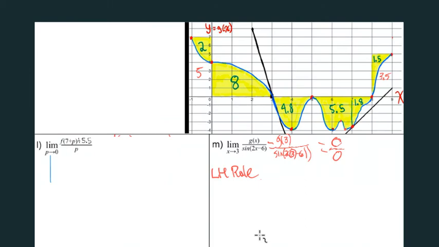So now we get into some limits. One of the limits we started with was the limit as h approaches 0 of f at x plus h minus f at x, all divided by h.